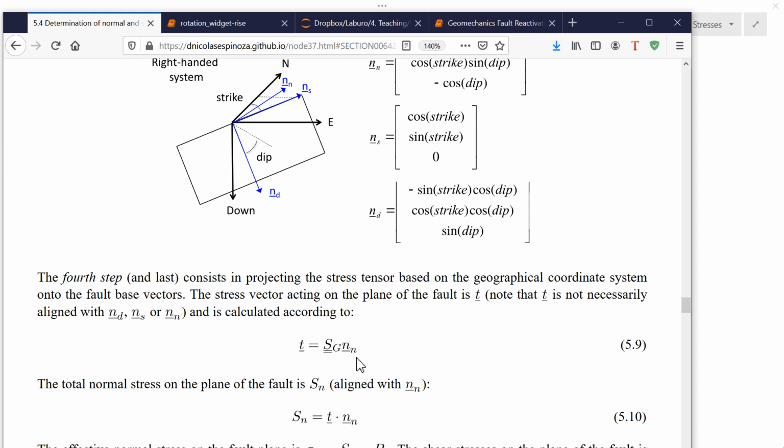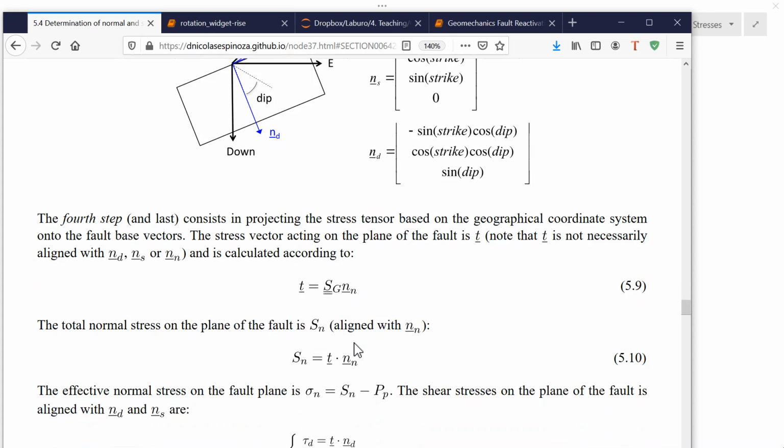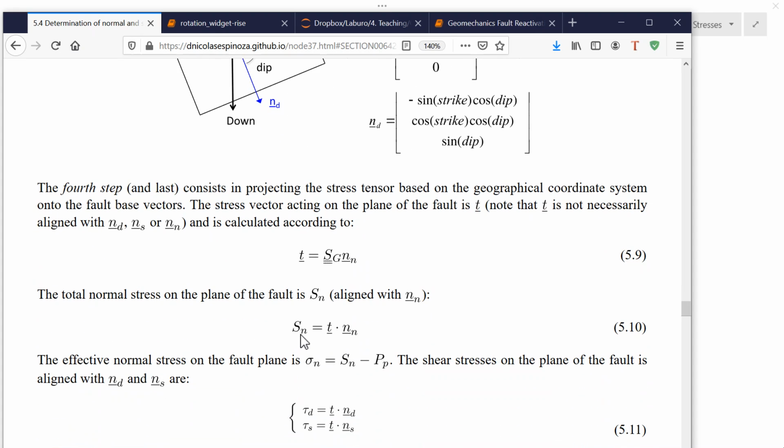Notice that now it's NN because this is the normal vector to the fault or plane. The total normal stress, since we're using total stresses here, is going to be the projection of T on that normal direction.